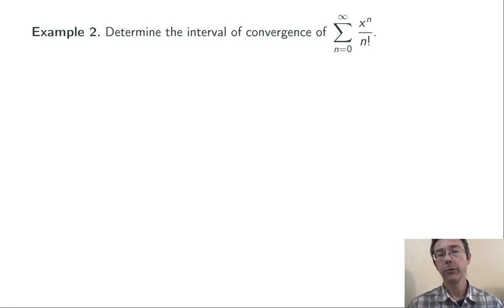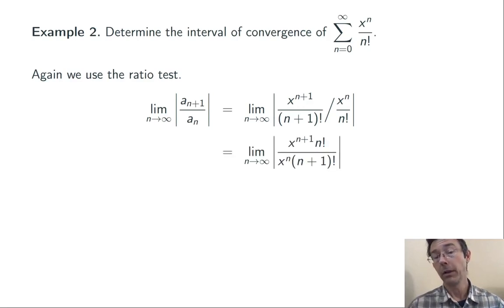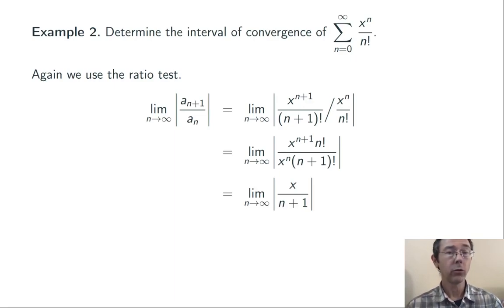Determine the interval of convergence of the sum from n equals 0 to infinity, x to the n over n factorial. So here's the ratio test, limit n to infinity, a sub n plus 1 over a sub n. We're going to do that division by multiplying by the reciprocal, canceling out all those common factors of x, simplifying the ratio of the factorials, just to get an n plus 1 in the denominator.